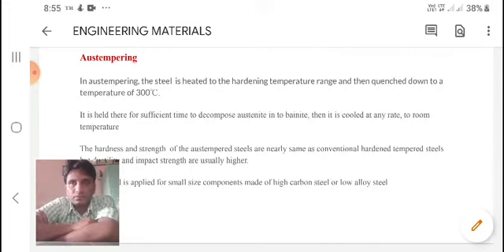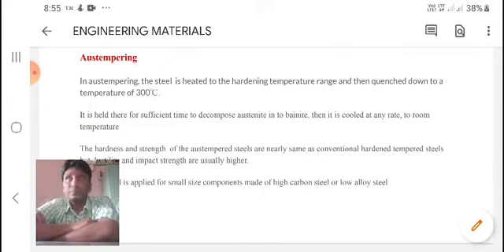The purpose of tempering we also discussed, and what happens at the three different tempering temperatures, and how the phases change from austenite to martensite and from martensite to pearlite, sorbite, troostite or bainite.